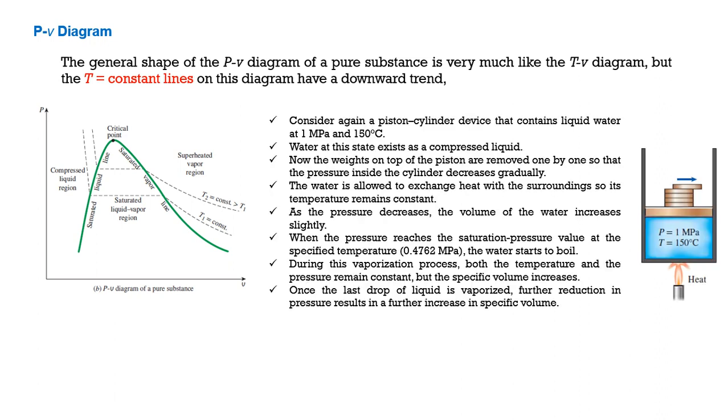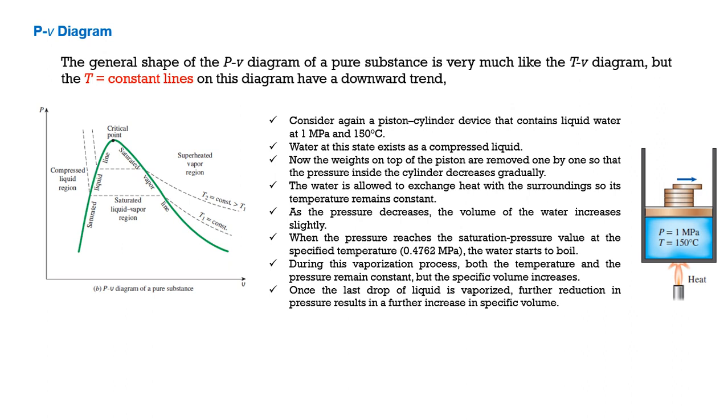For example, take a piston-cylinder device containing water. It has to be maintained at a temperature of 150 degrees Celsius and a pressure of 1 megapascal. At this high pressure, the water behaves as a compressed liquid. Now you remove the weights on top of the piston one by one, so the pressure is lowered.